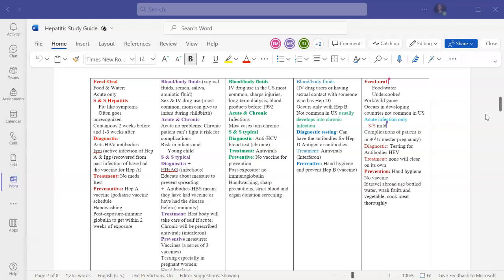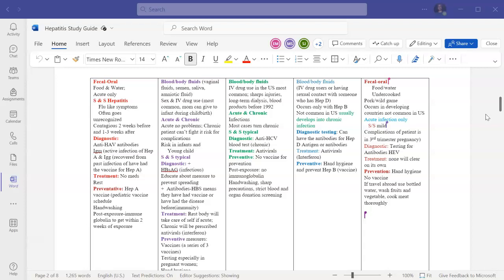The antibodies, those serological markers for Hep D. All right. What is treatment for hepatitis D? The antivirals, interferon. Okay.